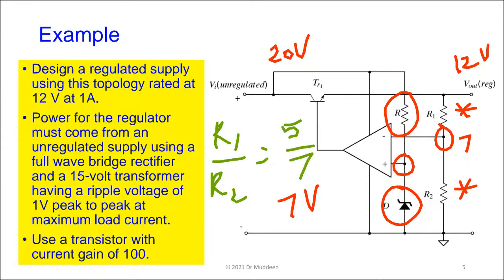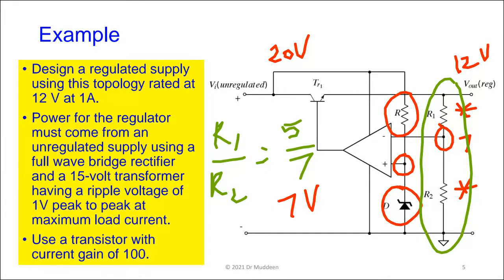And the choice now is as simple as picking a value for one of them and then calculating the other. Bearing in mind that these resistors here are taking current from the power supply as well. Remember, the power supply is designed as a 1 amp 12 volt supply, but there's 1 amp you want to supply usefully.